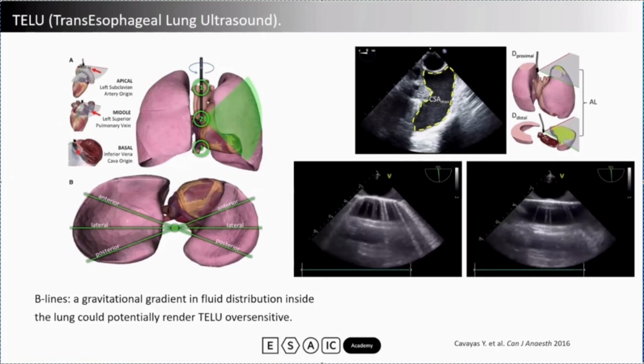Finally, my final slide is this one. I want to mention this in terms of lung ultrasound. You can use transesophageal echocardiography for the assessment of lungs.